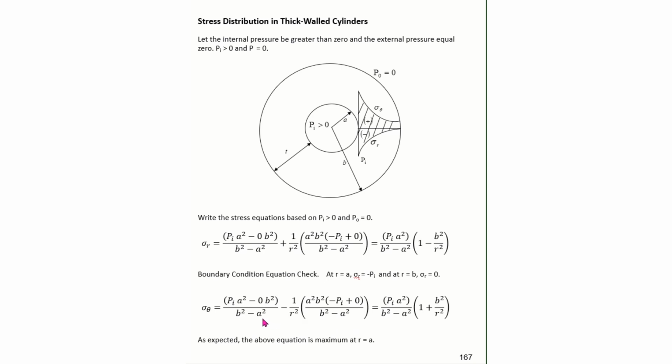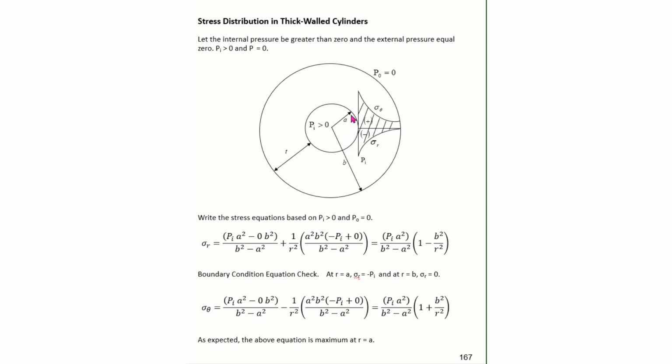We may be solving for the stress at a particular point, or we could have a design situation where we know the maximum allowable stress and we want to solve for the internal pressure. Then we could solve this equation to help us determine the internal pressure. But we essentially have one equation for sigma r and one equation for sigma theta, and so those are the unknowns that we can have.